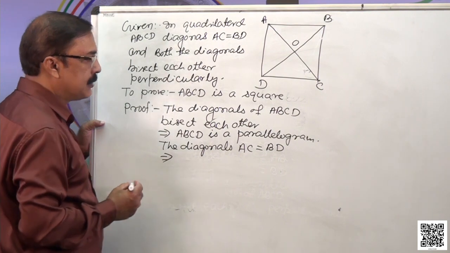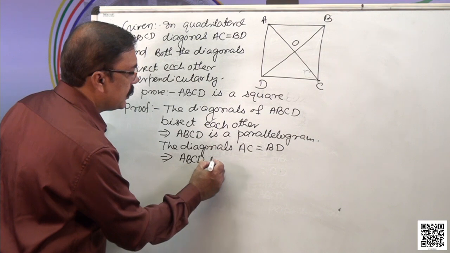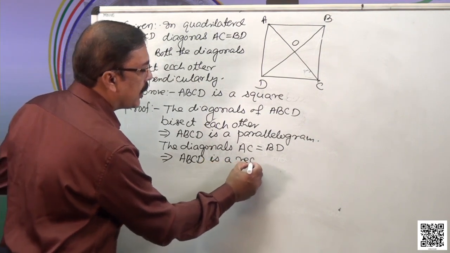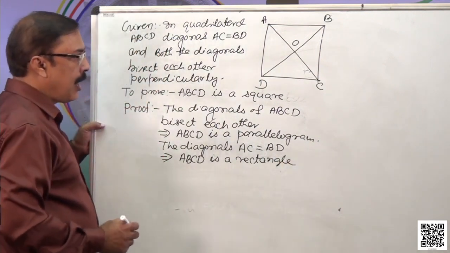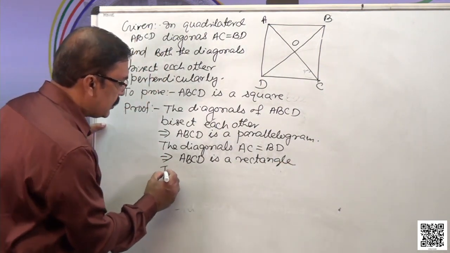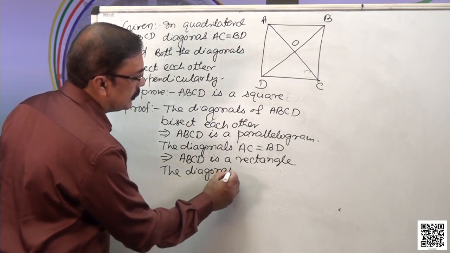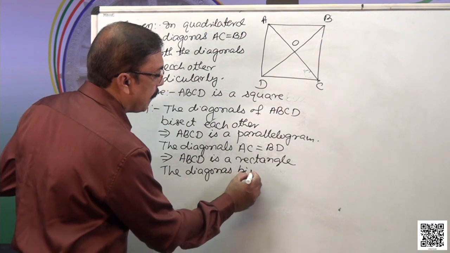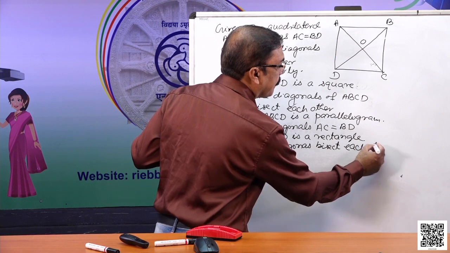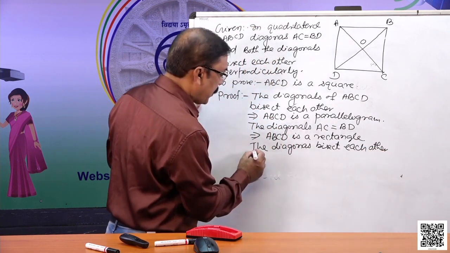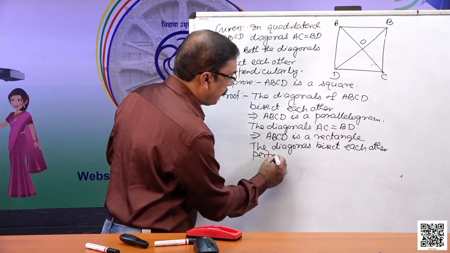This implies ABCD is a rectangle. Now, the diagonals bisect each other perpendicularly.